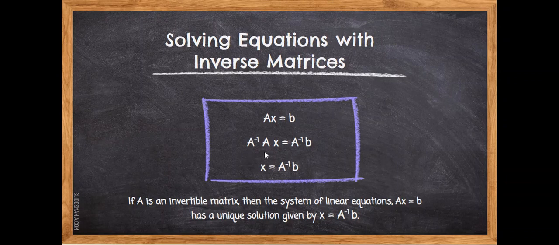Multiplying A inverse times A will give us the identity matrix, and multiplying the identity matrix by anything just results in that thing, kind of like multiplying by 1 with real numbers. So X is equal to A inverse times B. If A is an invertible matrix, then the system of linear equations AX equals B has a unique solution given by X equals A inverse B.